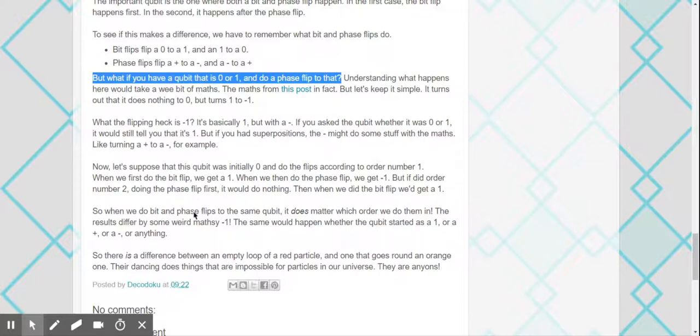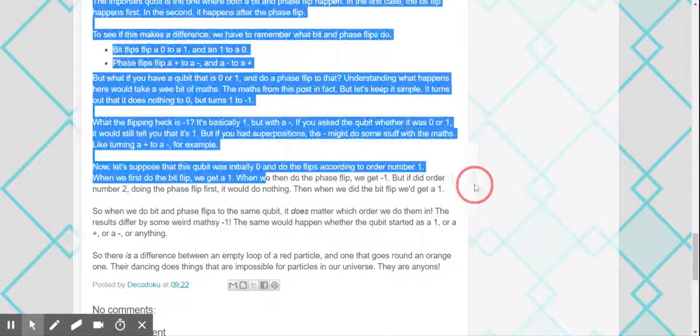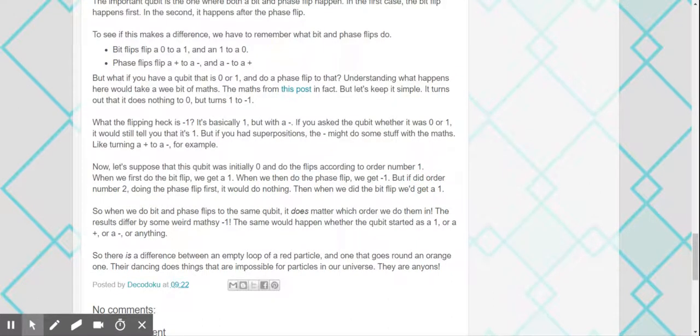Now, let's suppose that the qubit was initially 0 and the flips happen in order number 1. When we first do the bit flip, we get a 1. When we then do the phase flip, we get a minus 1. But if it did order number 2, doing the phase flip first, it would do nothing.